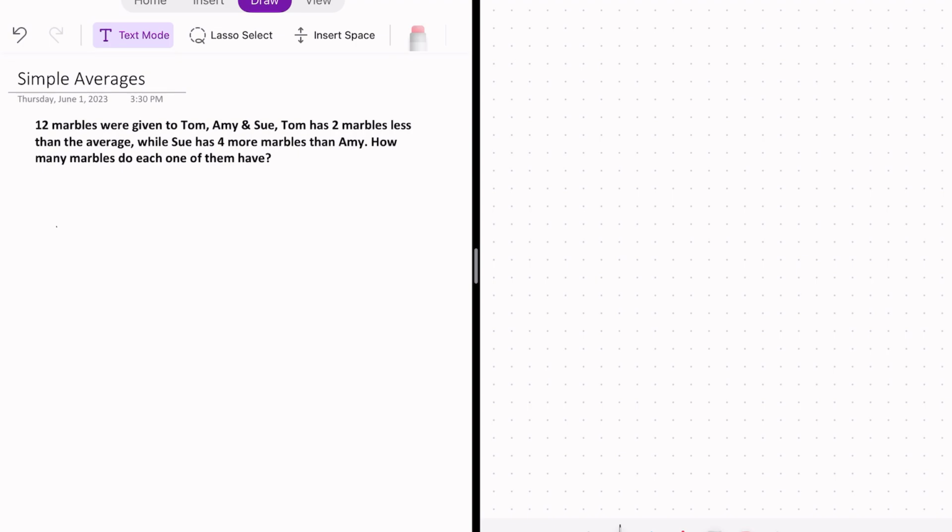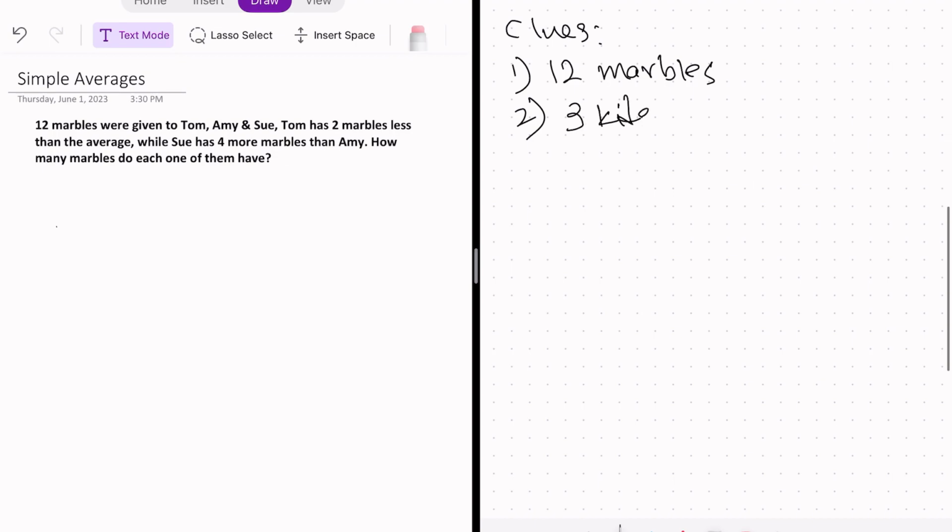Just like we solve any other problem, we will start writing down the clues. So the first clue is that there are 12 marbles. Second clue is that there are 3 kids: Tom, Amy, and Sue. Third clue is Tom has 2 marbles less than the average.